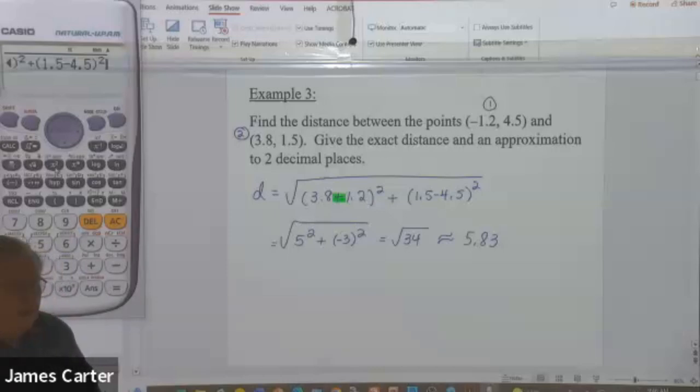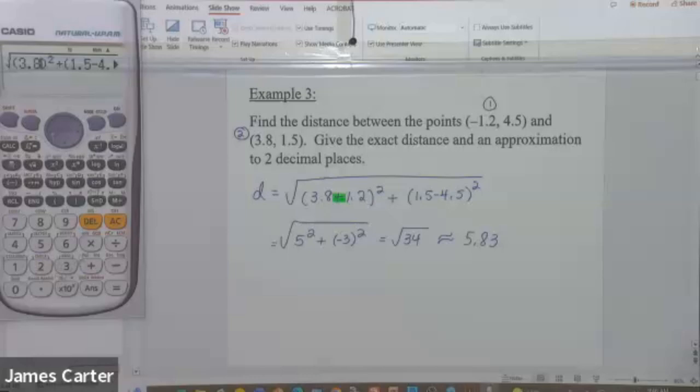You forgot to put the 1.2 in after the 3.8. I did? Well, let's go back and see. Yeah, I did, didn't I? Thank you. That would have made a bit of a difference. Okay, we've got plus 1.2.